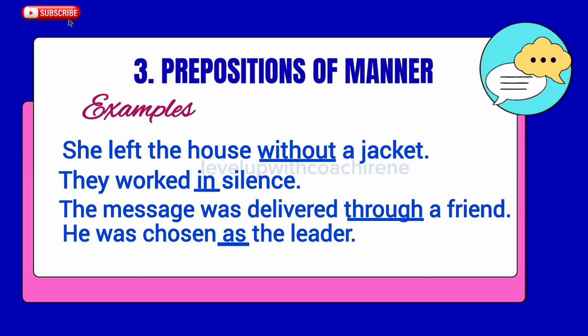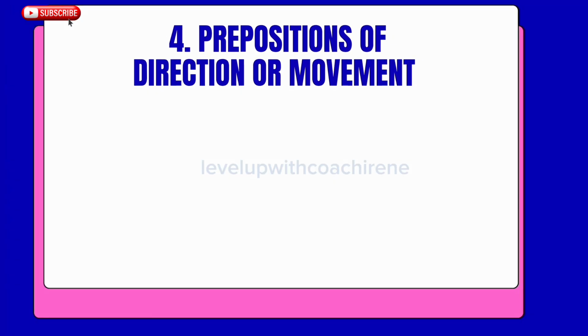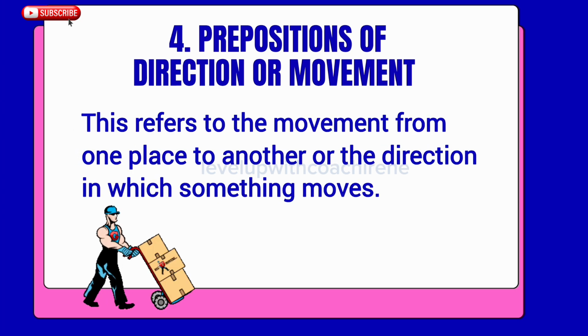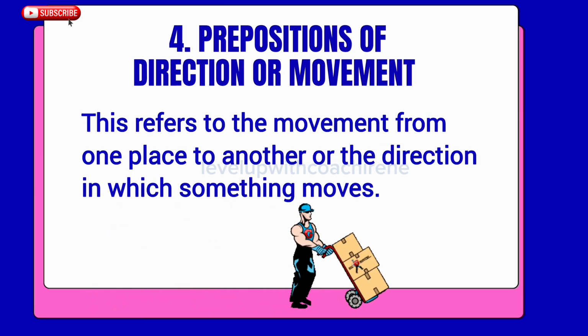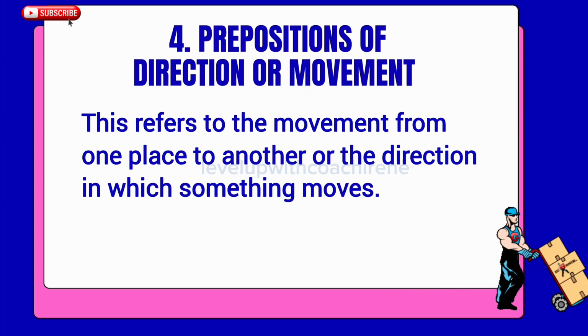These prepositions help to clarify how actions are performed or the means by which things are accomplished, adding detail and specificity to sentences. Number 4, prepositions of direction or movement. This refers to the movement from one place to another or the direction in which something moves.